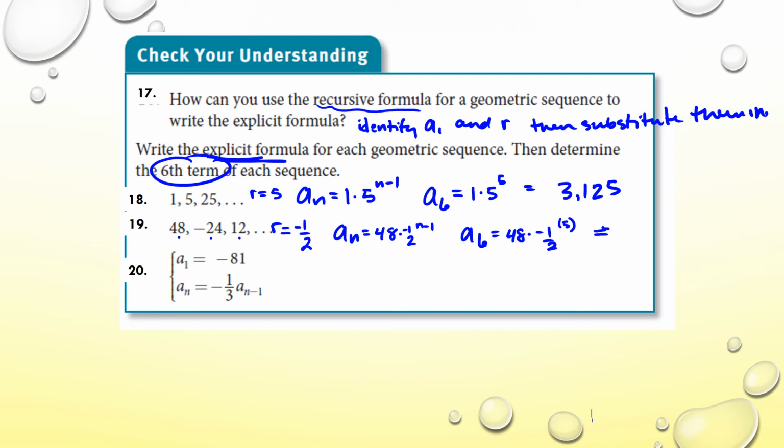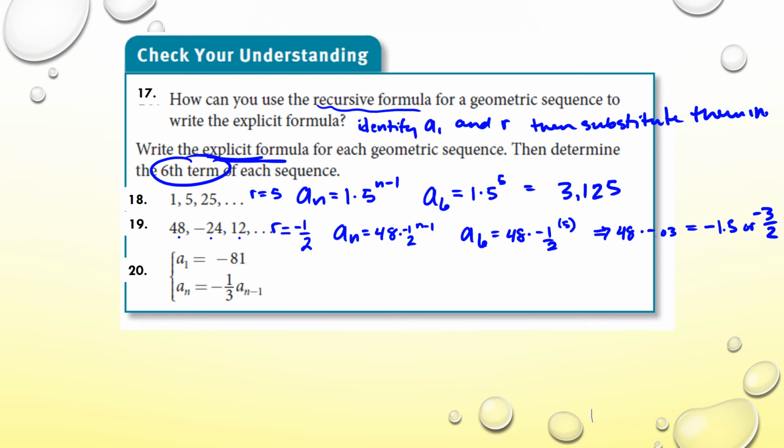And that gives me 48 times -0.03, or you can use fraction form, which is -1.5, or you could call it -3/2 if you were working with fraction form.